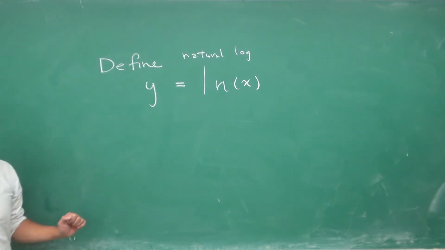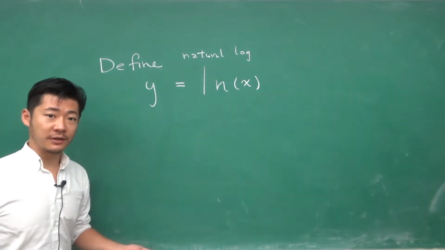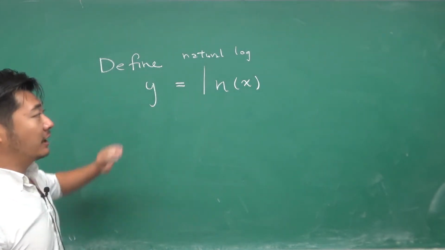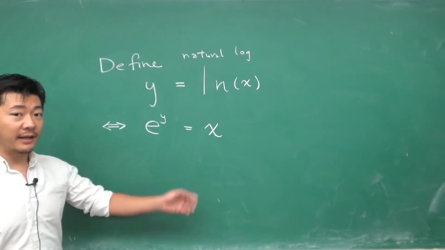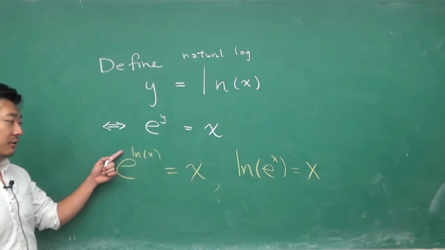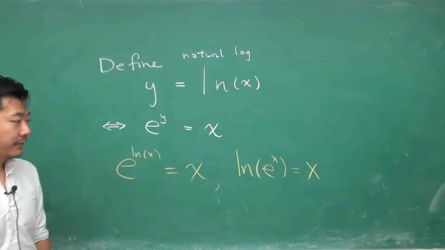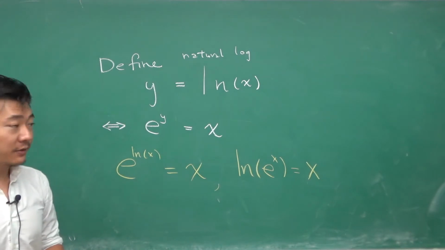Next, we define the natural log function as the inverse function to the exponential function, meaning y equals natural log of x if and only if e to the y equals x. And so we have e to the natural log of x is x, and natural log of e to the x is also x. They are inverse functions.